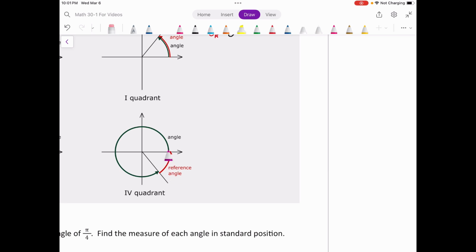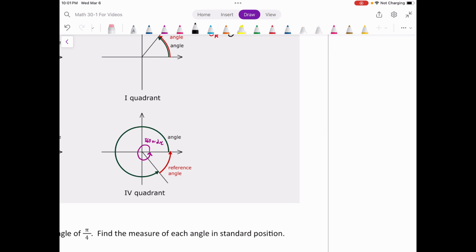Well, we're going not all the way to 360. We're stopping a little bit short of a full 360, right? There's 360 or 2 pi. Okay, so let's think about that. How do I figure out just this part? Well, if I took a full 360 and I subtracted off this, what I'd be left with is just the reference angle, right?